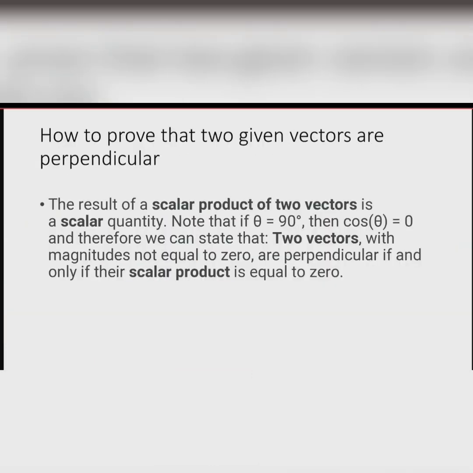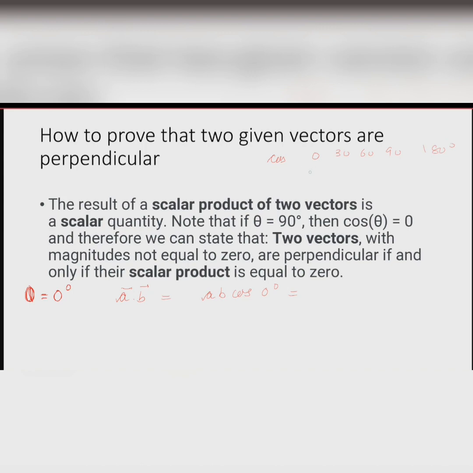Now, if I have to prove that two vectors are perpendicular, I have to look at some special cases of scalar product. One special case is when theta is equal to 0 degrees. If the angle between the two vectors is 0 degrees, then A dot B, the scalar product, becomes AB cos 0 degrees. Let's make a table for cos here: 0 degrees, 30, 60, 90, and 180.